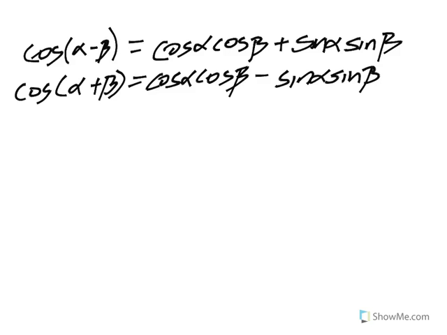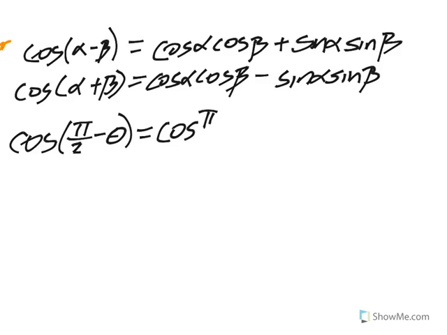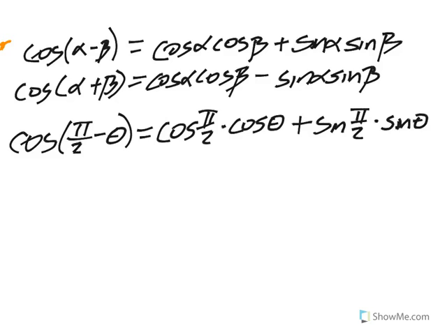So what I'm going to do is I'm going to look at, okay, so what is the cosine of pi halves minus some theta? And I'm going to use the first one of these and say, okay, that's the cosine of the first thing here, so cosine of pi halves times the cosine of the second thing, okay, great, plus the sine of the first one in the difference times the sine of the second one in the difference.